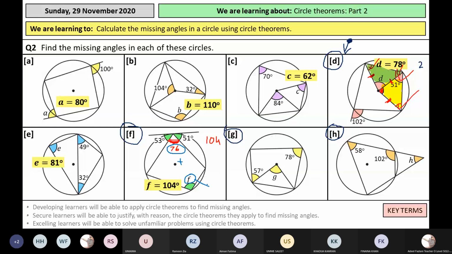What is the value of F then? 104. This is coming 104. Yes or no? You got it? Ramin, you got the concept of 104? Yes, sir. Okay, tell me the concept of the G part.